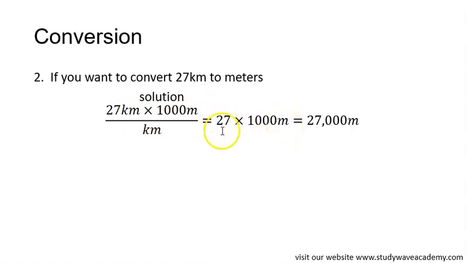Okay? So 27 times 1000 meter is going to give us what? 27,000 meter. So 27 kilometer to meter is 27,000 meter. Okay? Do you understand? Good.